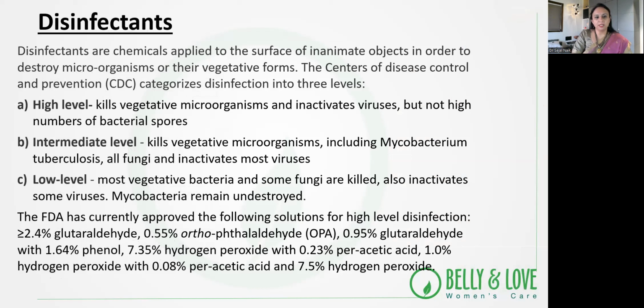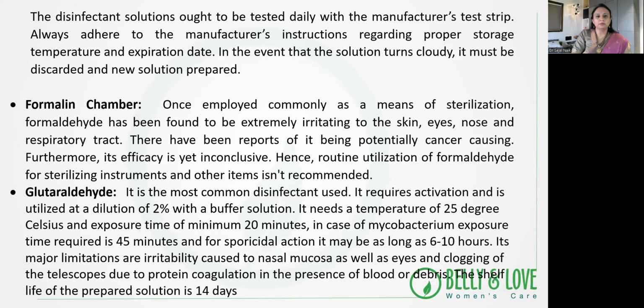Another way of sterilization is the disinfectant. The CDC approved the high level of disinfectant for hysteroscopy, and that is 2.4% or more glutaraldehyde, or 0.55% OPA, or other solutions with alcohol.